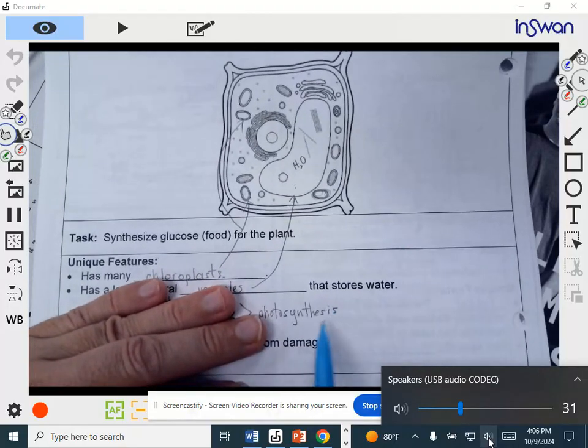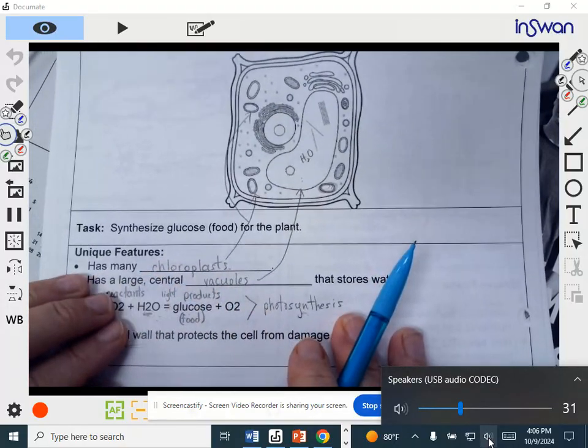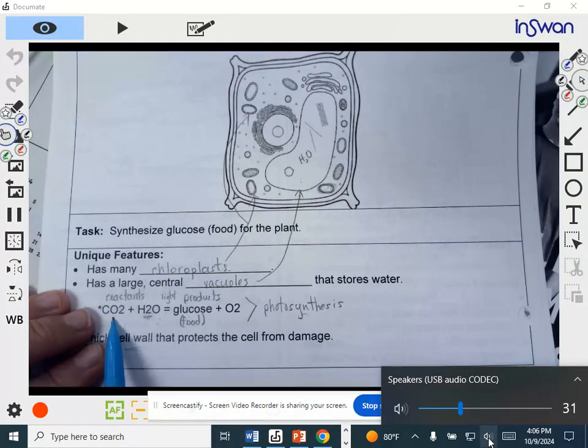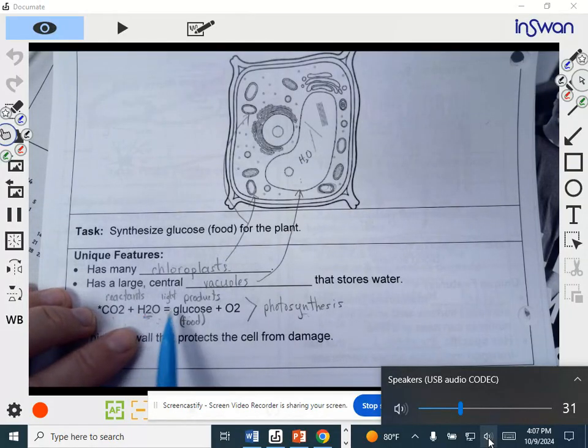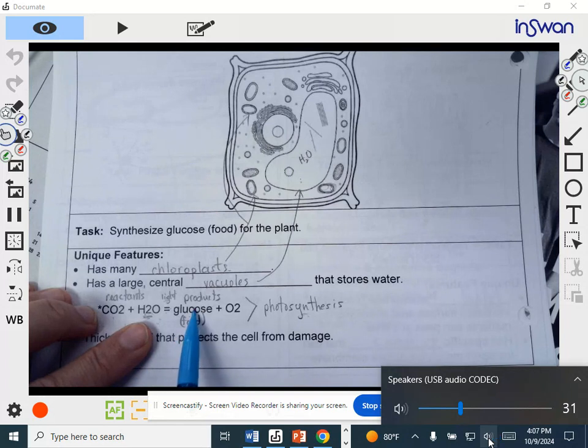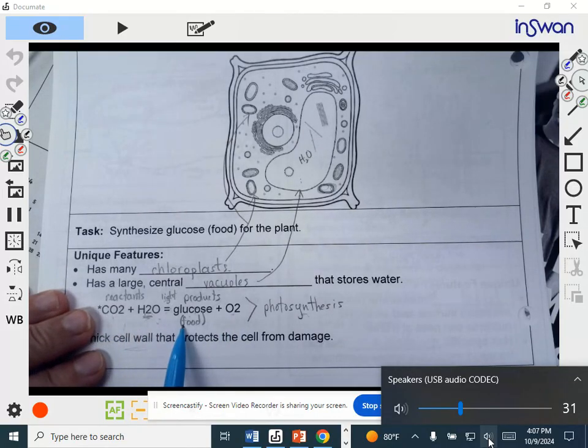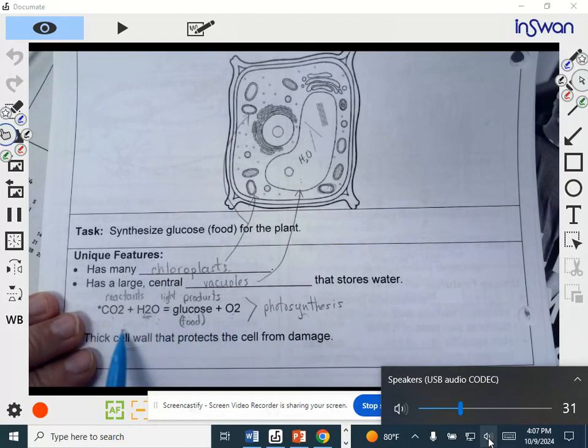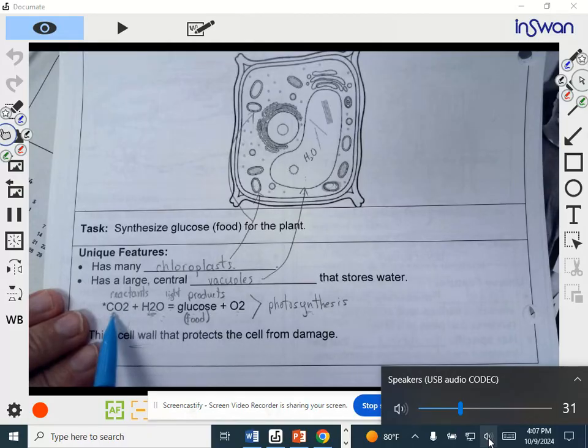Now, photosynthesis is a process where the plant can take CO2 and water, you guys have learned this in the past, and using light energy can make glucose, which is food for the cell, and it also produces oxygen. Remember, in this reaction, what starts over here on the left of the equal sign is called the reactants, and then what's on the other side is called the products.